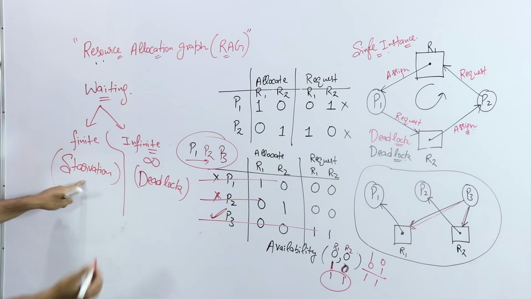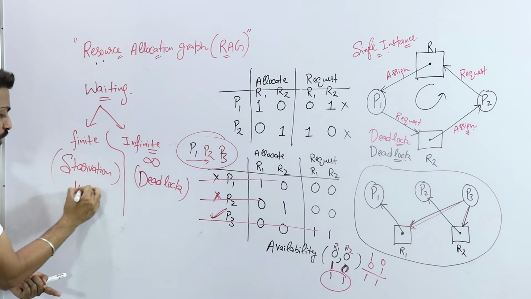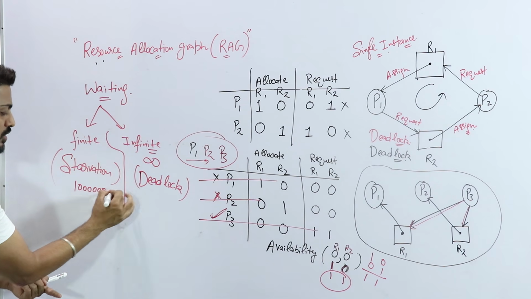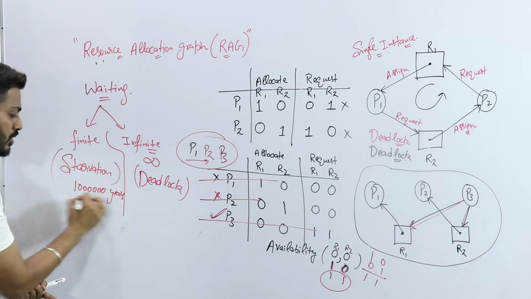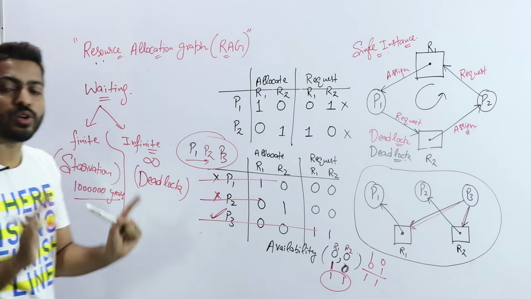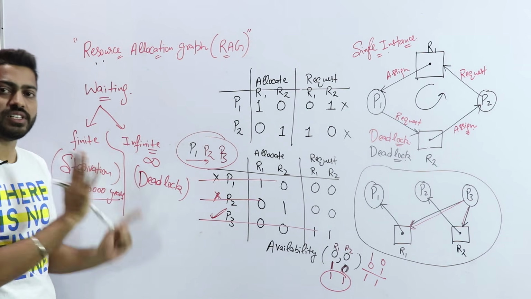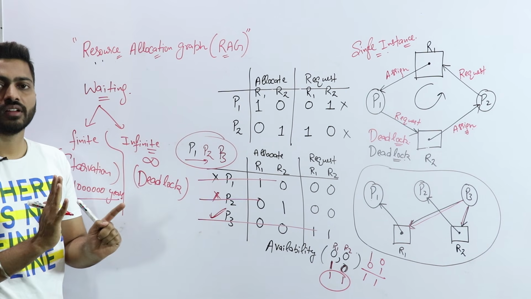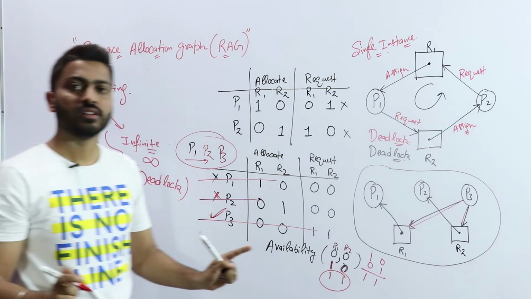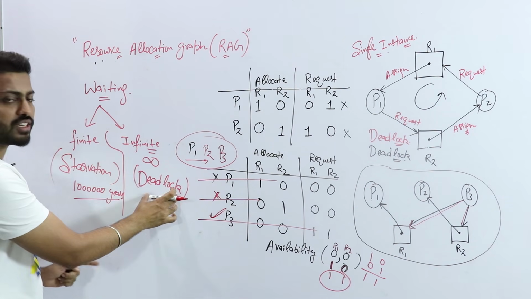And in finite, if anybody says a process is waiting for this many years, no problem. This is still a finite value, because we know that after this amount of time, the process will definitely terminate. But infinite means totally. So this is the case of starvation and this is the case of deadlock.